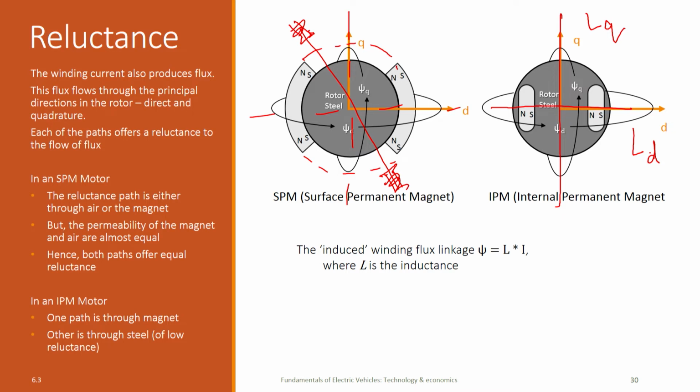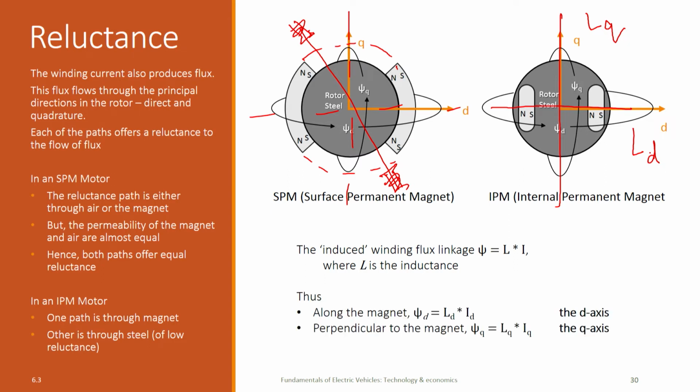What we have just now discussed, that overall the flux path is encountering some inductance, which in some sense is a reciprocal of the reluctance, and therefore, the magnitude of the flux that is flowing will be proportional to inductance multiplied by the current, and this can be resolved in two directions, the flux along the q axis and the flux along the d axis, which may or may not be equal.